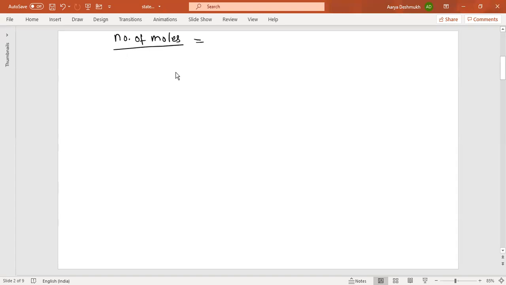Number of moles is equal to mass in grams divided by molar mass. You always remember this. That is small m divided by capital M. Small m means mass in grams and capital M is molar mass of that particular substance.